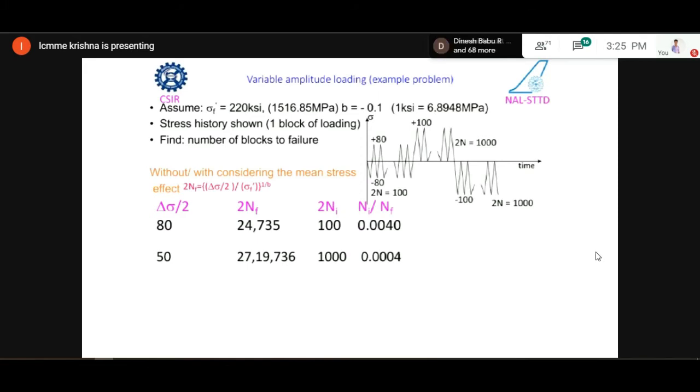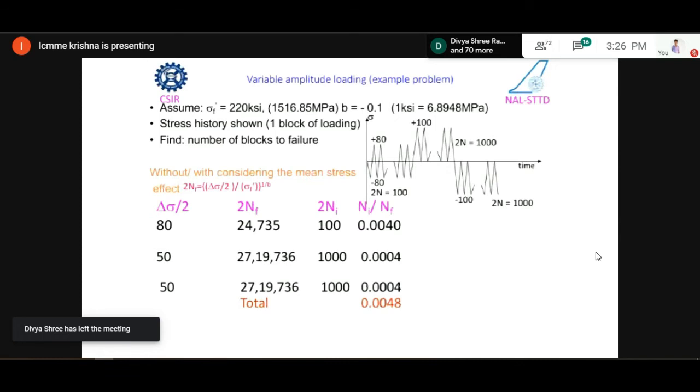Similarly, another block with delta sigma by 2 of 50 has number of cycles to failure of 27 lakhs, and if we apply 1000 cycles, we get a damage fraction of 0.00004. Similarly, for another block on the negative compressive side, the last one, we again get 27 lakhs cycles to failure, and we apply only 1,000 of them. So we get again 0.00004 as the damage fraction.